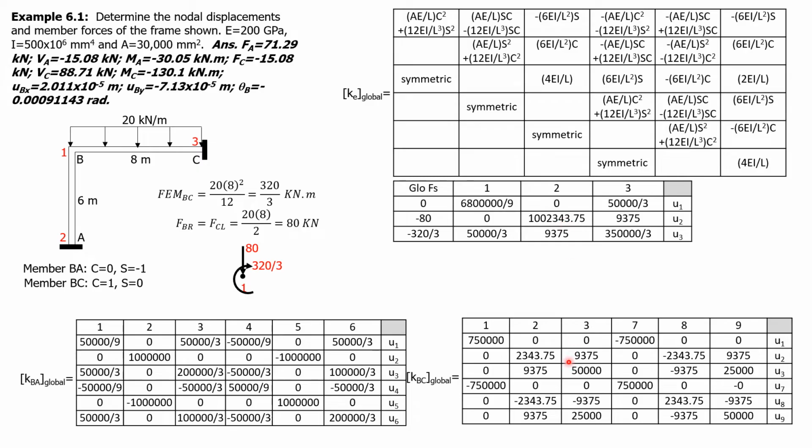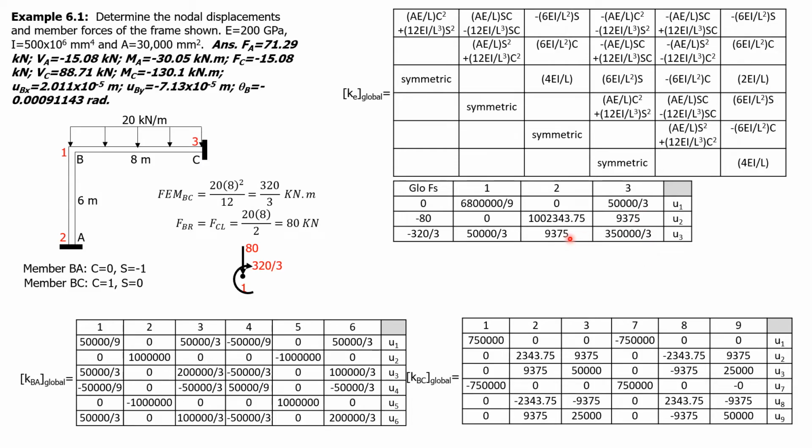2, 2 is 2,343.75 plus 1 million. So it is 1,002,343.75. Then this is row 2 column 3. Row 2 column 3 is 0 here. But here row 2 column 3 is 9,375.